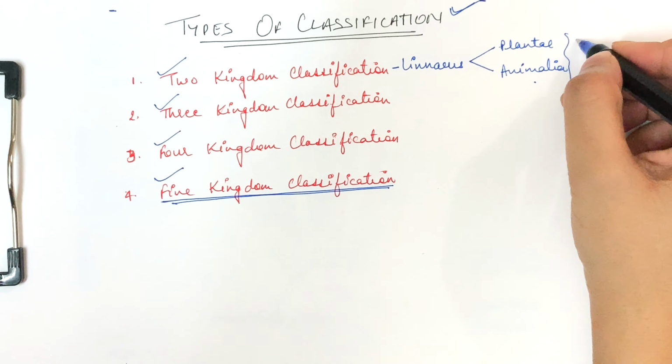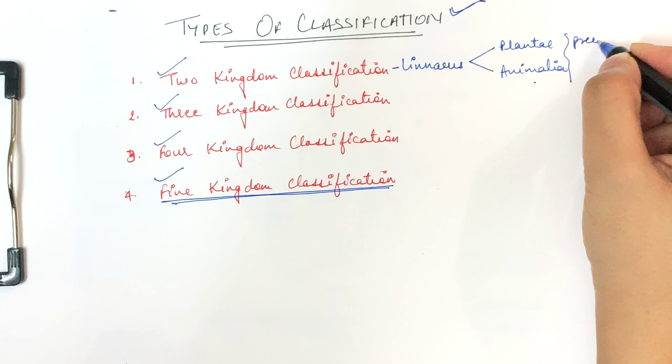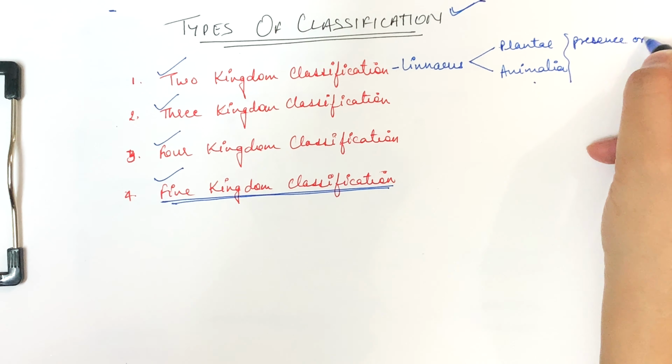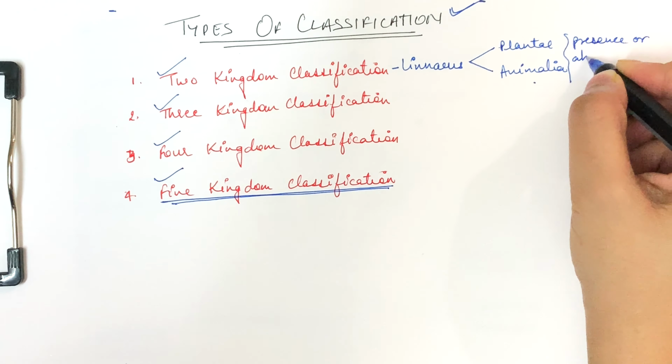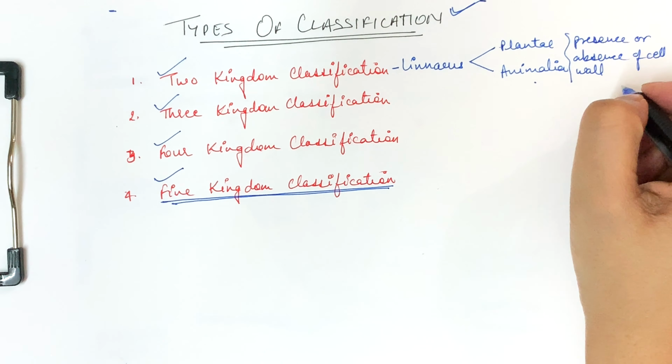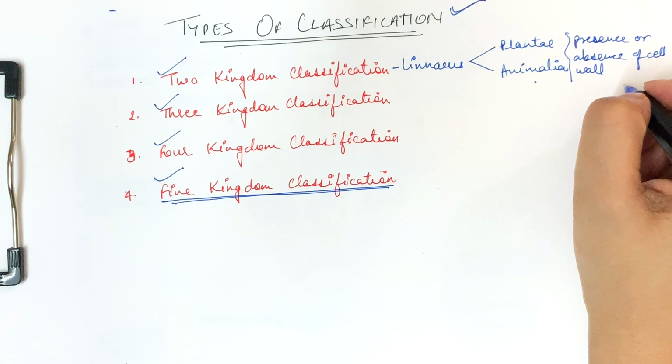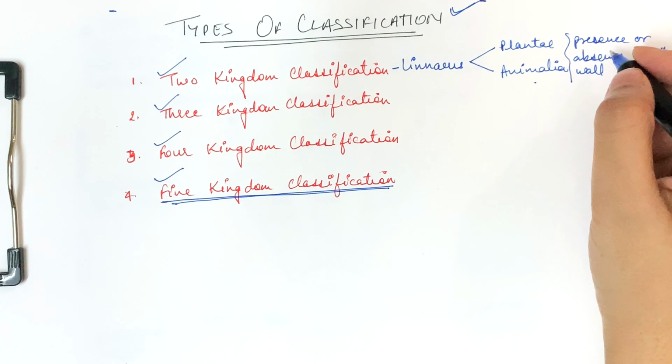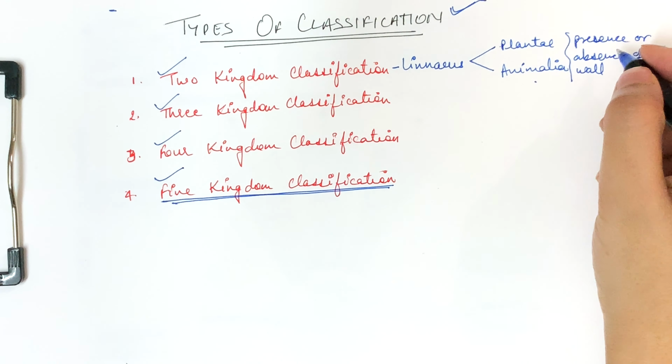So on what basis did he classify? Presence or absence of cell wall. Plants had cell wall whereas animals lacked cell wall.